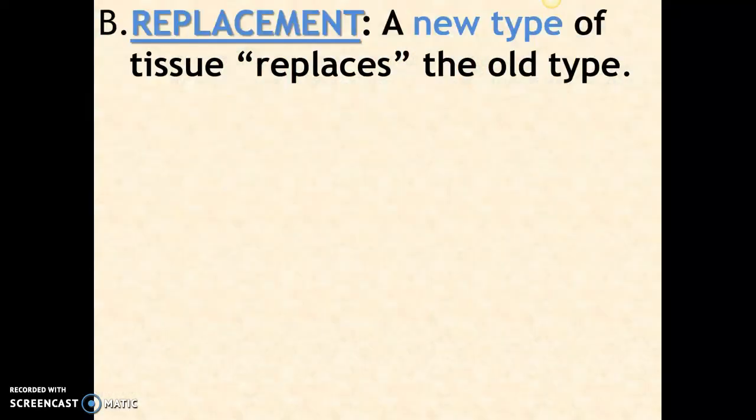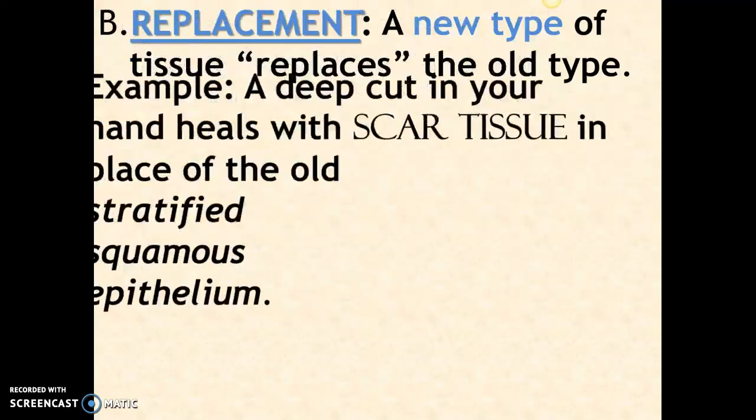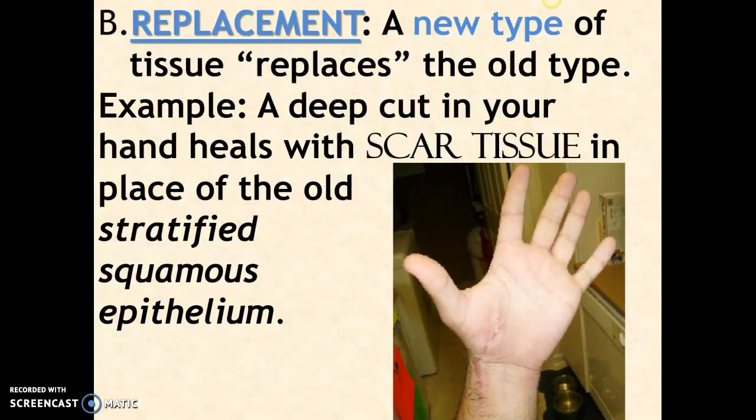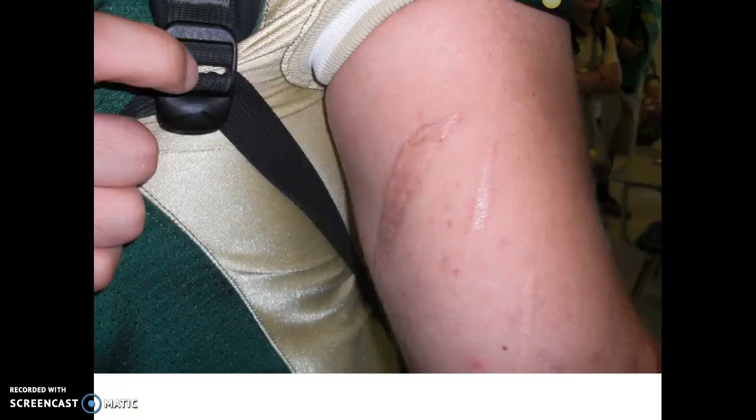If it's too big of a gap, though, you get replacement. Instead of the stratified squamous epithelium, the connective tissue underneath comes in, you get a dense connective tissue, causing a scar. Such as this young man here, who tore his hand up. Or my buddy Sam Juan Rohr here, who tore his arm up in football and left a pretty scar there.